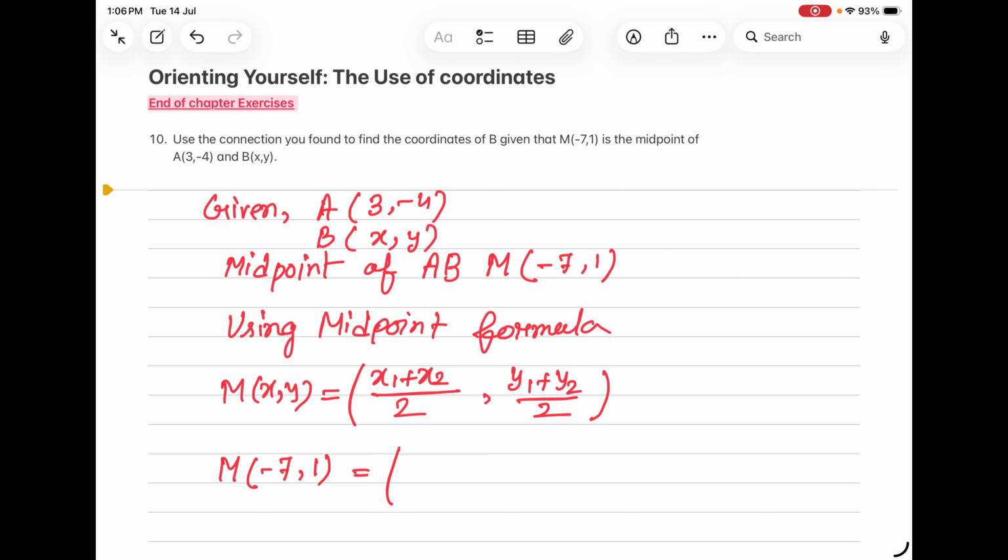Now x1 and x2: x1 is the x coordinate of A, and x2 is the x coordinate of B, which you have to find out. So in the x1 place you put the x coordinate of A: (3 plus x) by 2, and y1 is minus 4, the y coordinate of A: (minus 4 plus y) by 2.